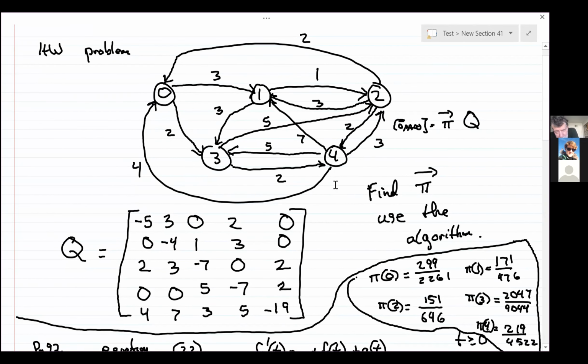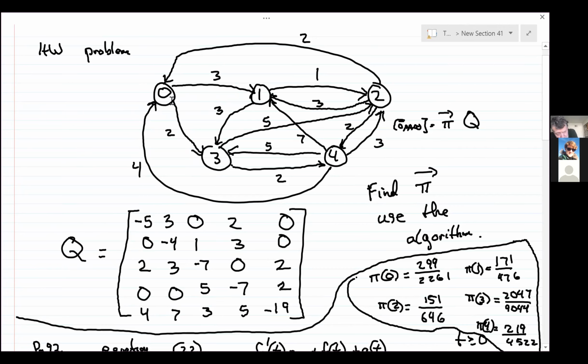Take this down. Write down what Q is. Write down what the stationary distributions are. I think we did this in class using the algorithm. And now find all the average times it takes to go from each state back to itself for the first time.